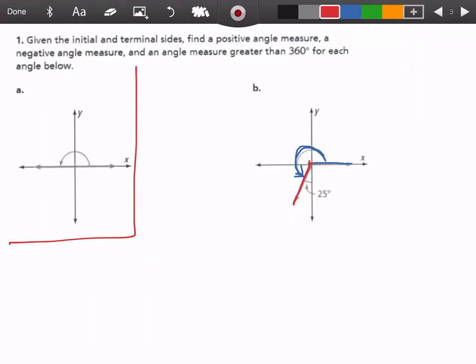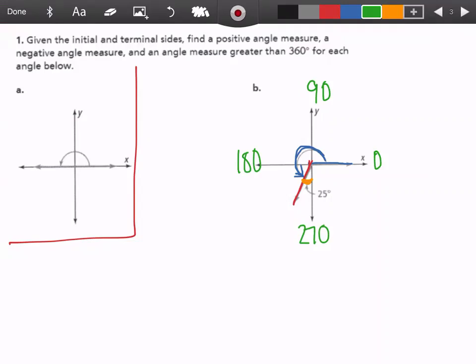And that's this measure in between the negative y-axis and the terminal side of the angle. But we do know that we have 90 degrees here, 180 degrees here, and 270 degrees here. And that is really going to help us out.